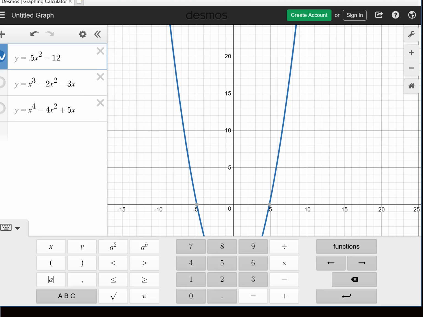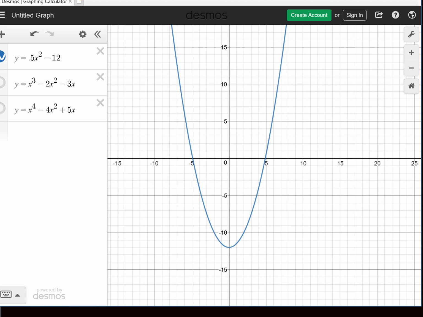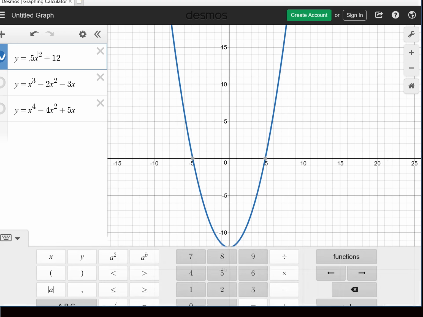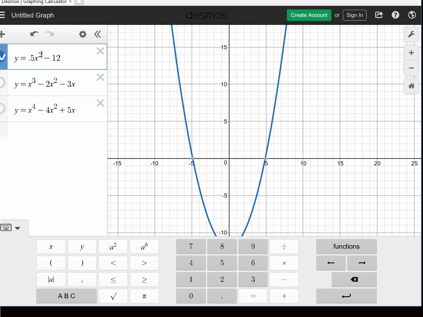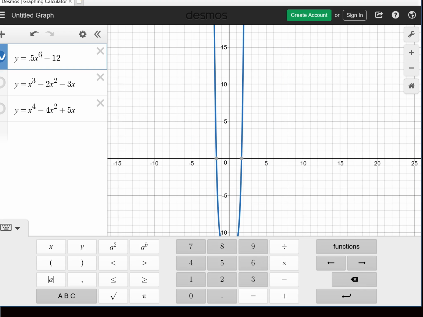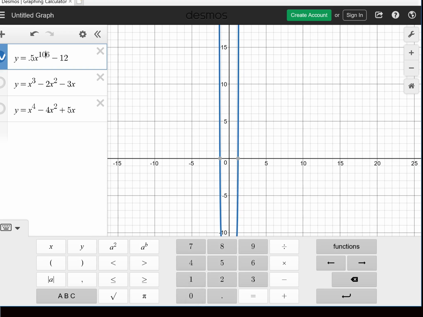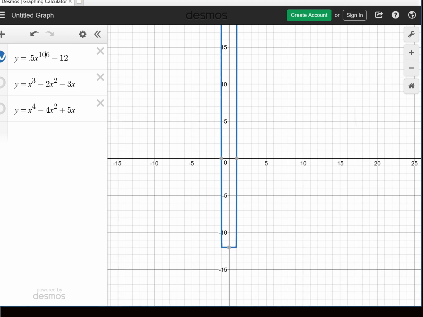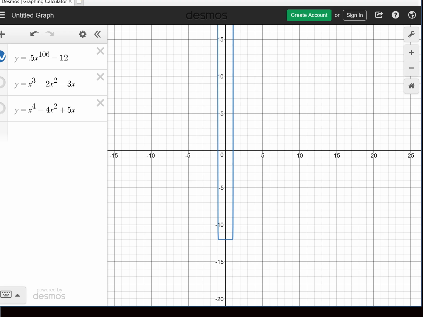Do I still get that same behavior of it going up? I do. And what if this leading term, instead of an x squared, was x to the 6th? Look, I get the same thing. What if it was x to the 10th? How about x to the 106th? Wow, the computer can't quite handle that.